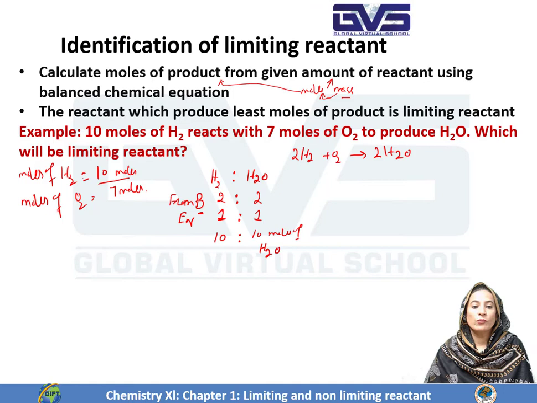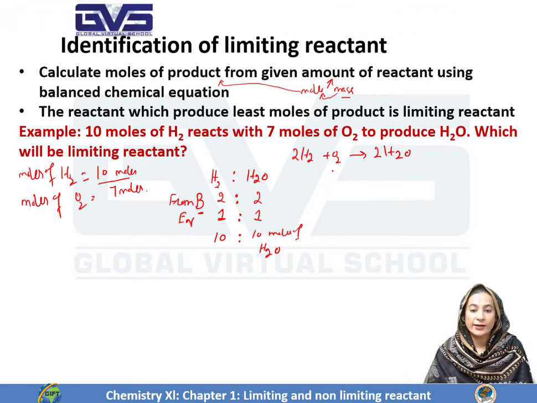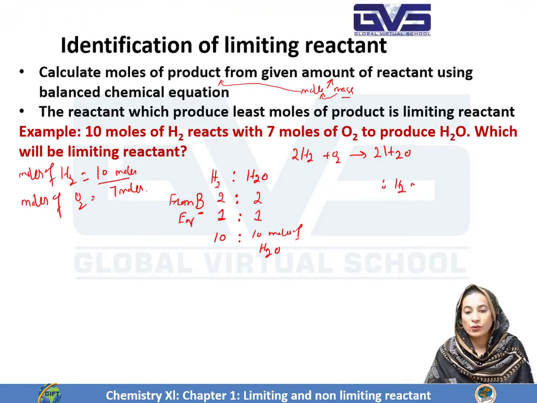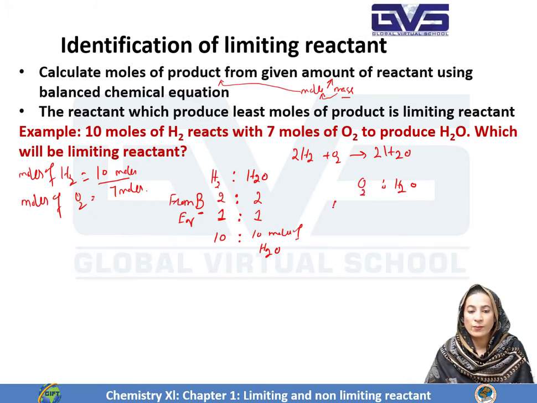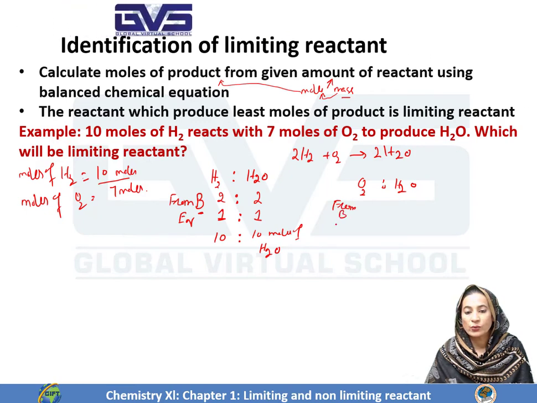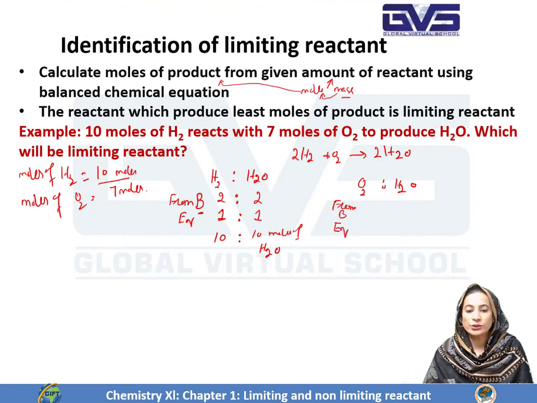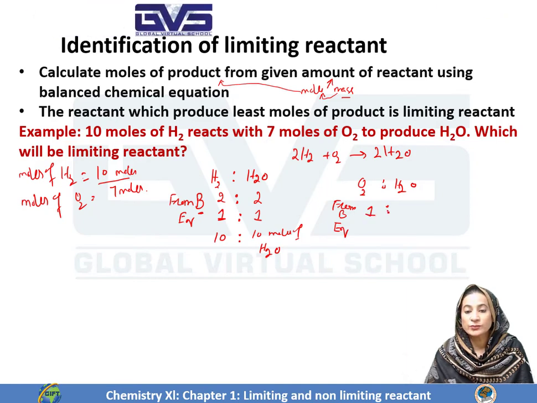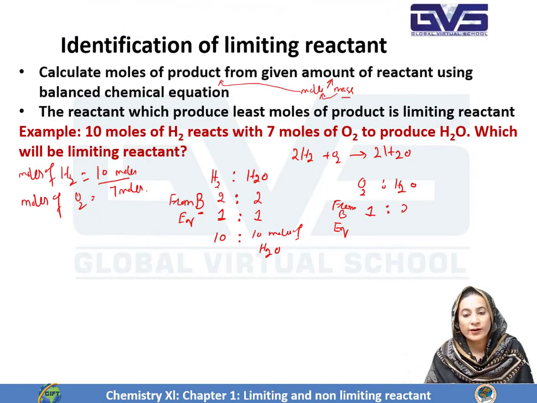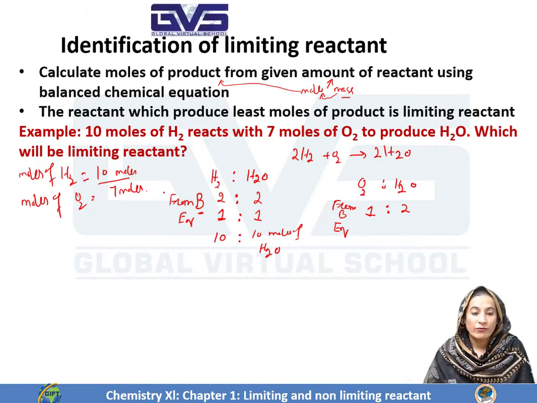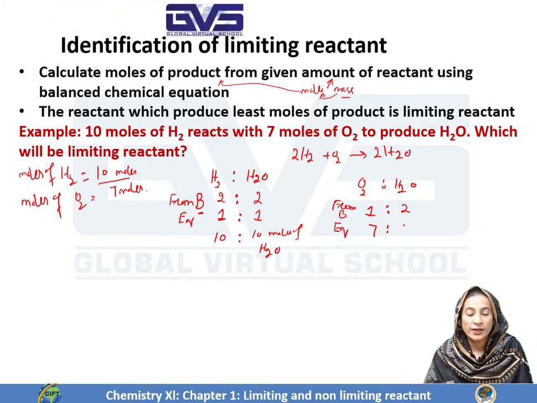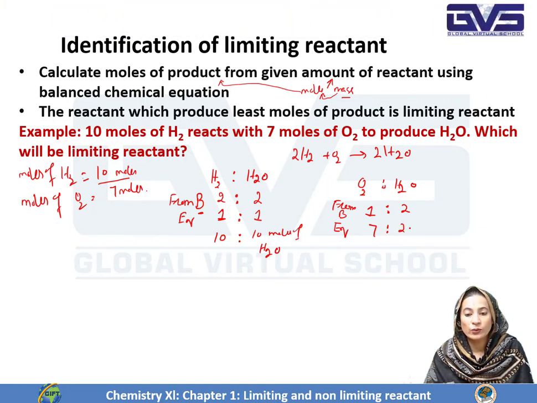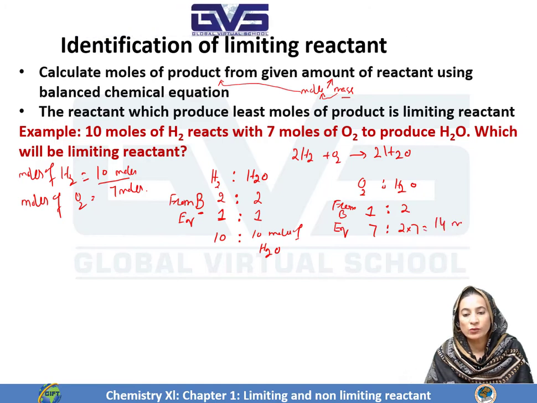Now calculate mole of product with the help of other reactant. So again, H2O on your right side, oxygen on your left side. So balanced chemical equation shows when 1 mole of oxygen is consumed, then 2 moles of water are formed, and when 7 moles of oxygen are consumed, then how many moles of water will be formed? 2 into 7, that is 14 moles of H2O.